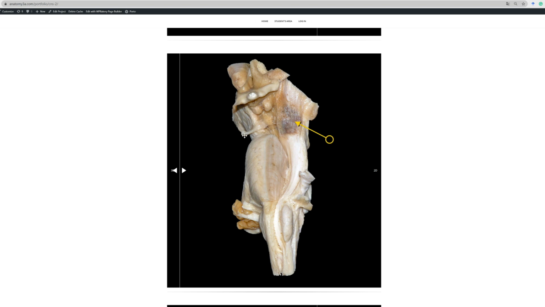If you pay attention, the right side is dissected, the right side is not dissected, the left side is dissected. This is the level of the mesencephalon. When you cut the mesencephalon, you always have a presentation on the transverse section. On the practical, it was the vertical presentation.